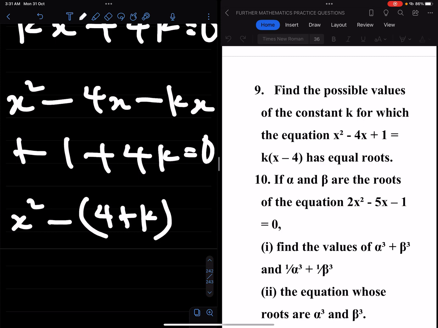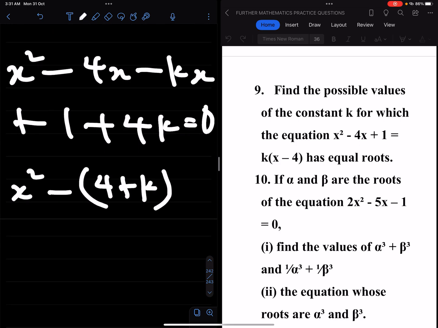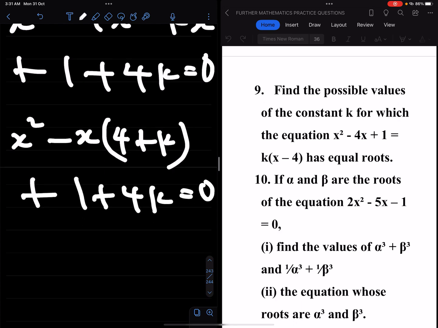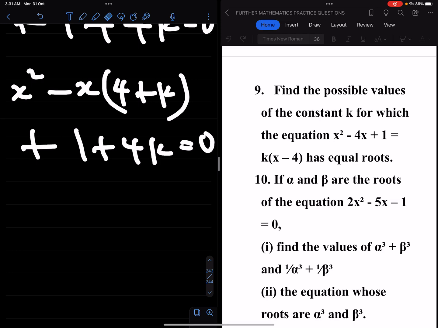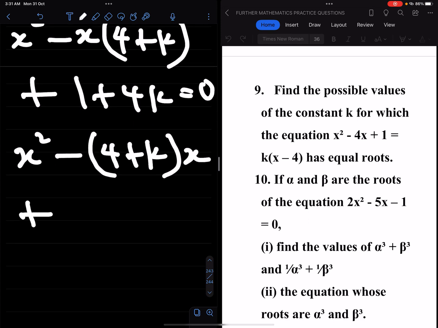This is just factoring minus x out of minus 4x and minus kx. So that's going to be minus x into bracket 4 plus k plus 1 plus 4k equals 0. It's actually supposed to look like this in case you are a bit confused. But you usually write the coefficient before the variable. So I'm supposed to write this as x squared minus, open bracket 4 plus k, times x plus 1 plus 4k equals 0.